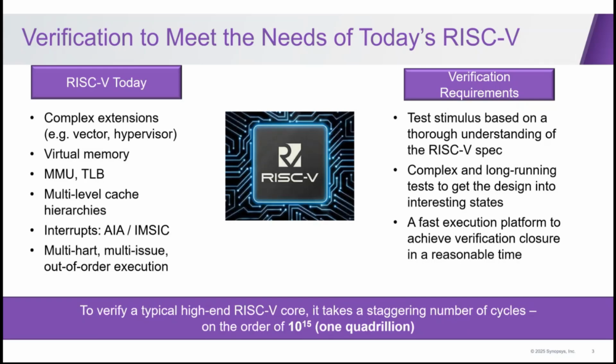So that's a challenge for verification, and some new requirements. First, we need to have a very high throughput performance solution. Second, for the test vector, you need a deep understanding of the different extensions or different design aspects, then you can generate high quality tests.